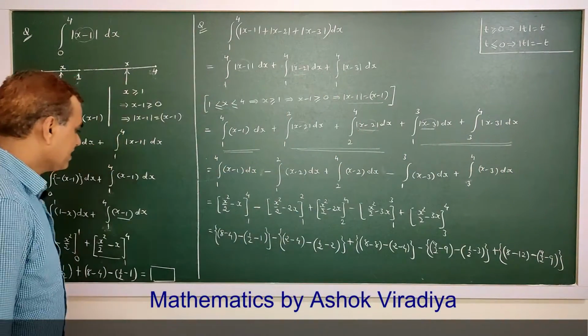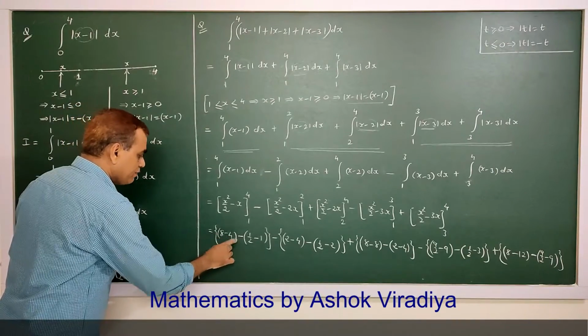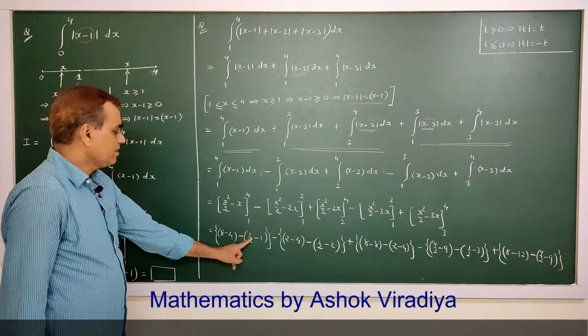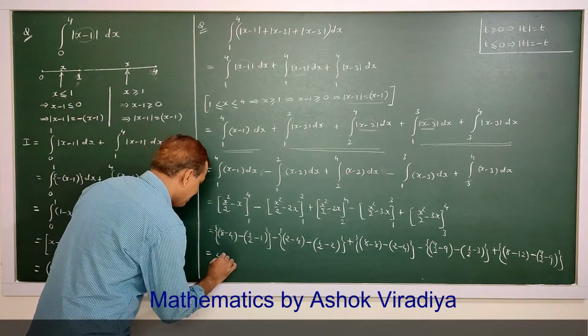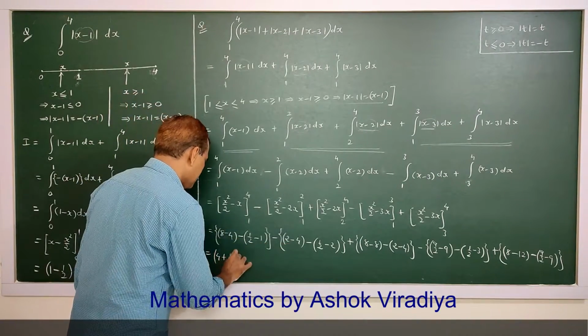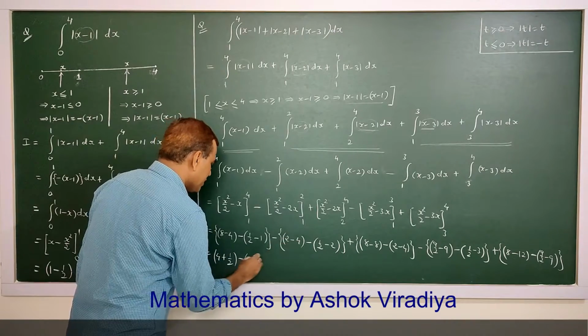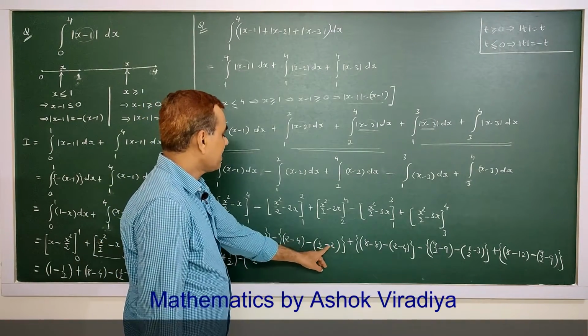So simplifying this, it is equal to 8 minus 4 is 4. This is minus half, minus plus half, minus 2 minus 4 is minus 2. This is minus 3 by 2.